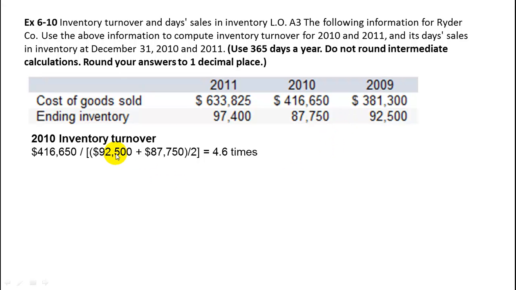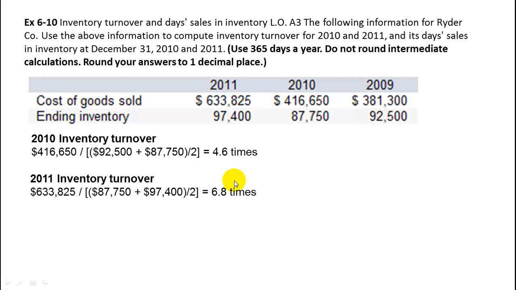So the beginning of 2010 plus the end of 2010 divided by 2, and all of that divided into 416,650 gives us a 2010 inventory turnover of 4.6 times.